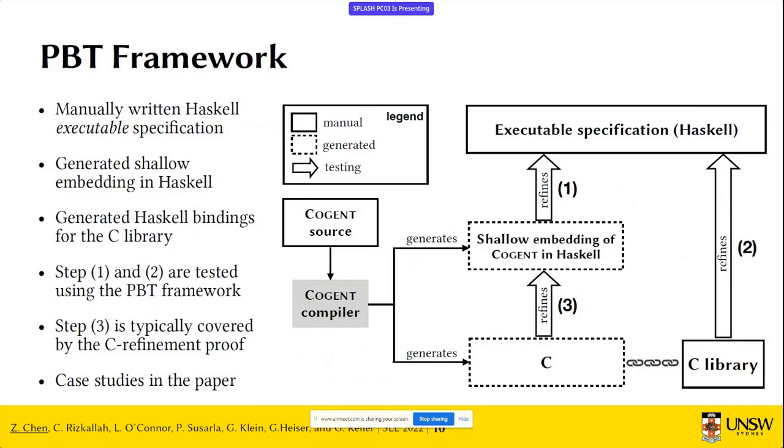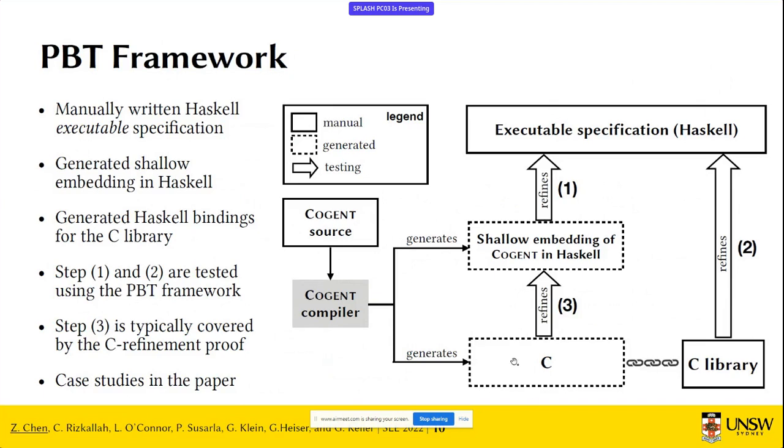So instead of an Isabelle functional specification, this time we have a Haskell executable specification, and the COGENT compiler, instead of generating an Isabelle shallow embedding of the COGENT program, this time we generate a shallow embedding in Haskell, which is a program that can run.